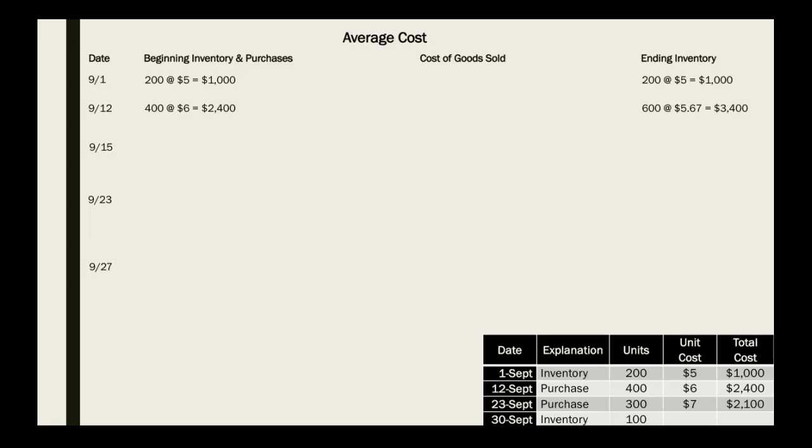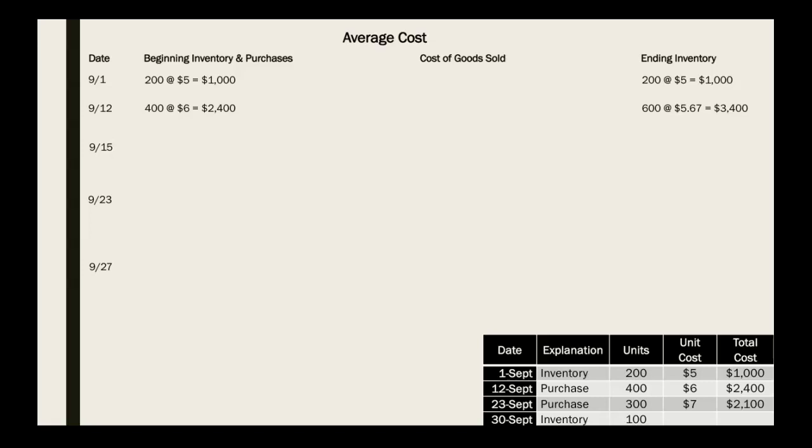So we had 200 units. We just bought 400 more. So now we have 600 units. So we write 600 at, and then we leave some space because we don't know the average cost right now. So 600 at, leave some space and write an equal sign.